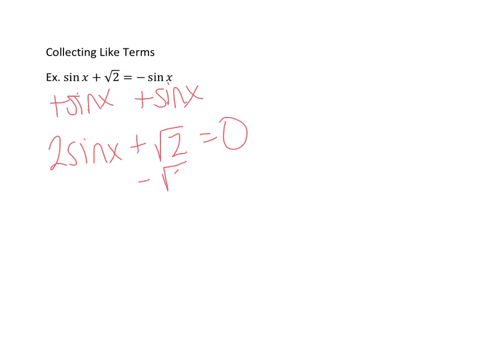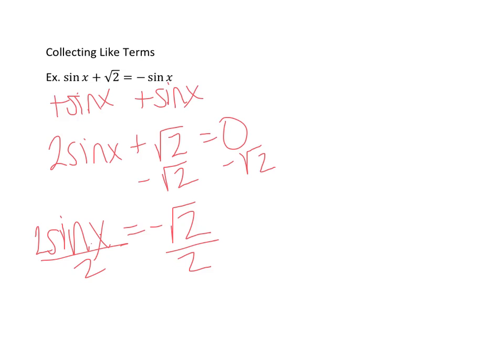If I subtract my radical 2, now I've got 2 sine x equals negative radical 2. And if I divide both sides by 2, now I have sine x equals negative radical 2 over 2.